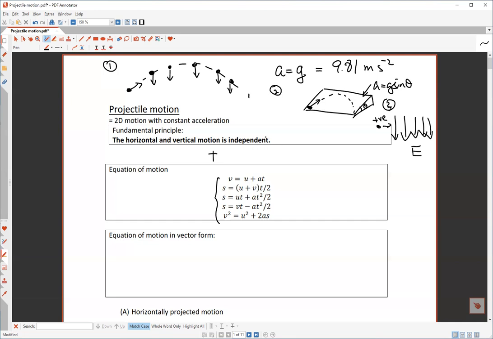What do I mean by independent? That means you can calculate both motions separately. You just consider the 2D motion as one 1D motion that is horizontal and another 1D motion that is vertical.